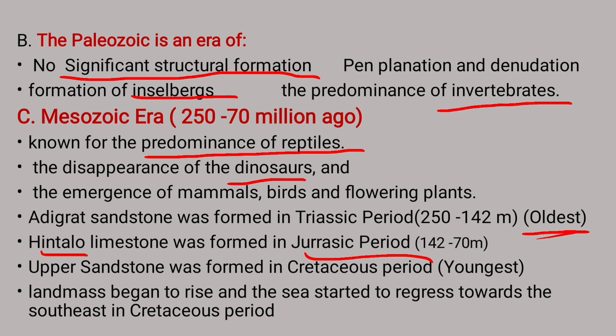Later on, the upper sandstone, which was known as the Younger, was formed in the Cretaceous period. This upper sandstone is known as the youngest sedimentary rock. Land masses began to rise and the sea started to regress towards the southeast in the Cretaceous period.